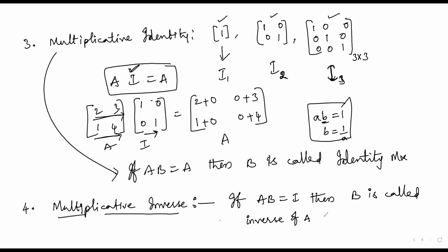Understand? And not only that, this is important. If AB equals I, then B is called the inverse of A, and also A is called the inverse of B. Here, if AB equals I and I is of second order, then A must be of order 2 by something and B must be of order something by 2, giving a 2 by 2 resultant.